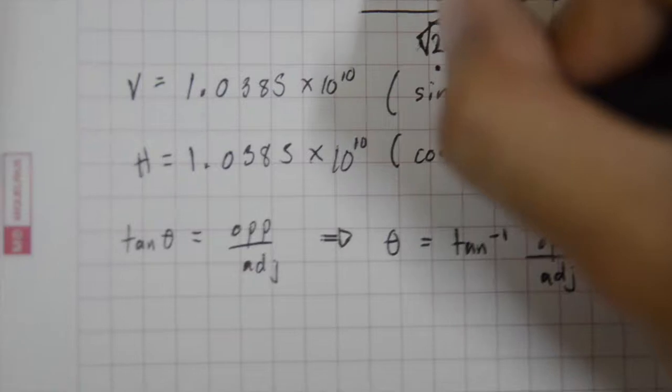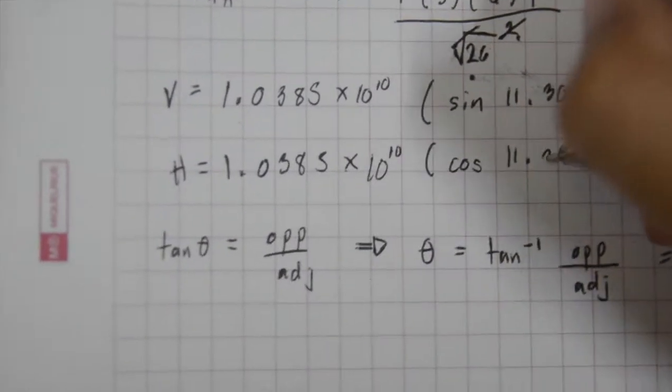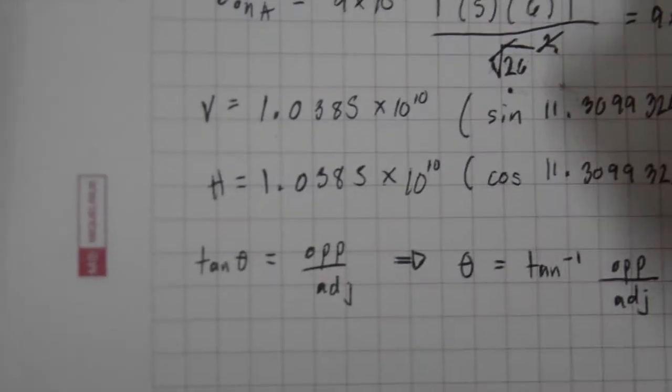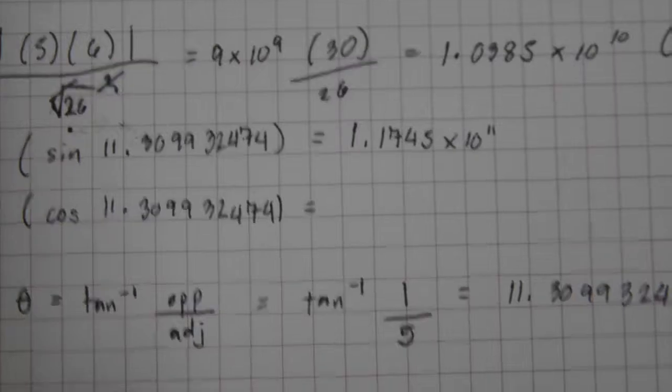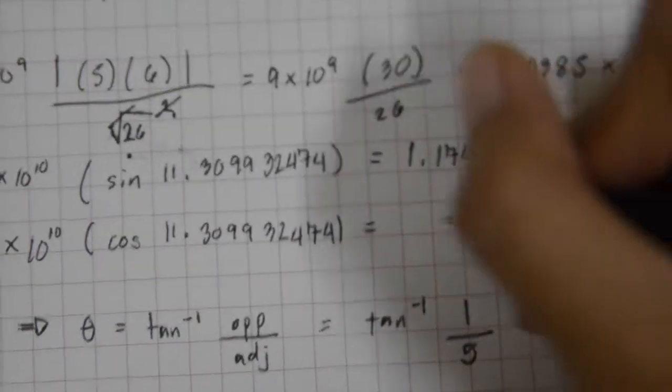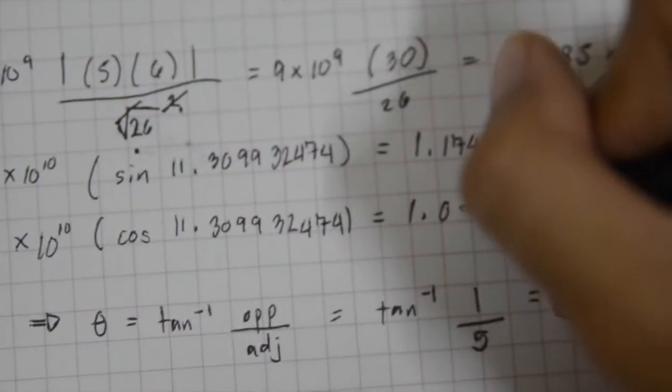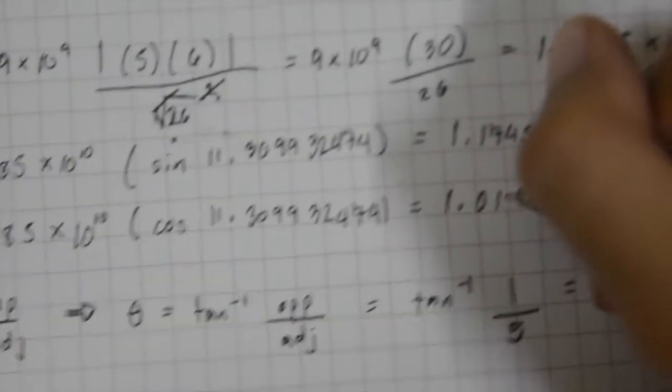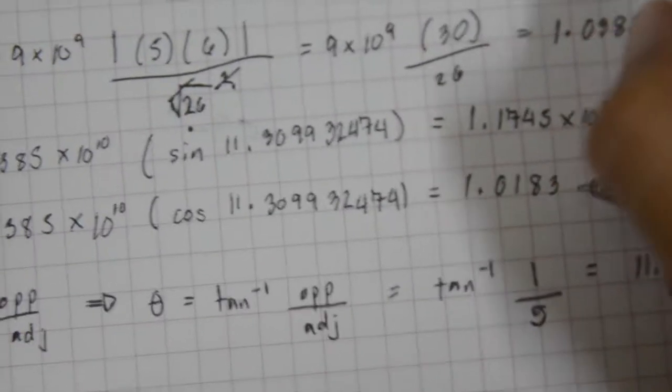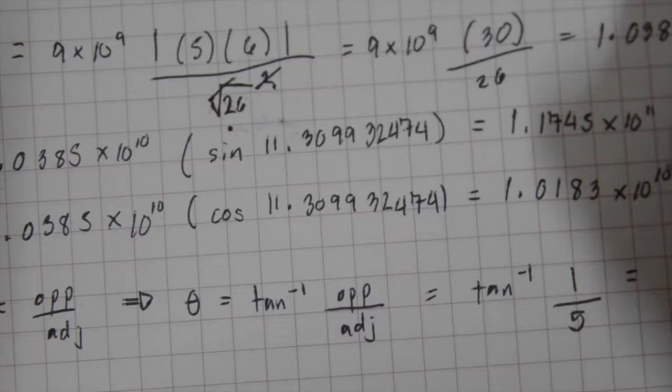That's cosine 11.309932474, giving us the answer of 1.0183 times 10 to the 10th.